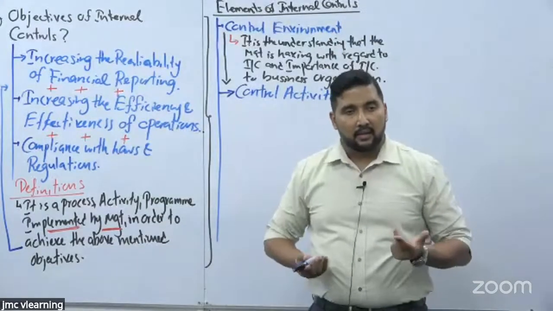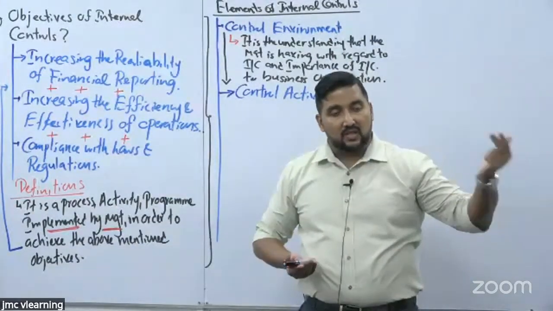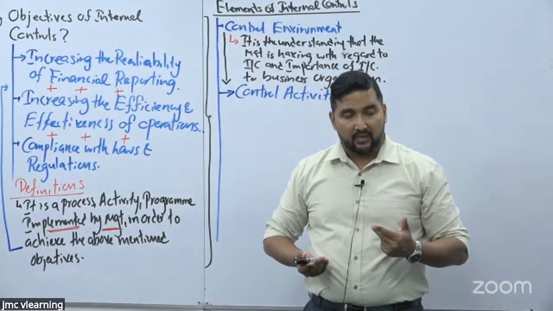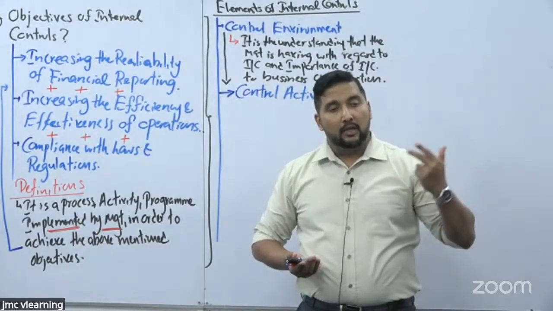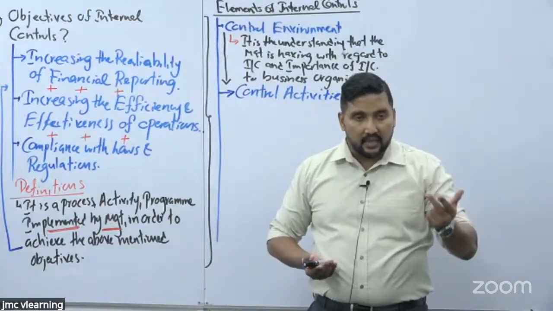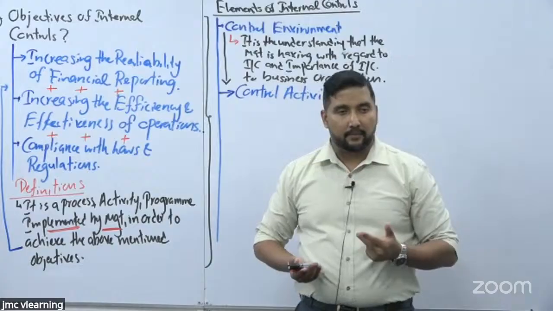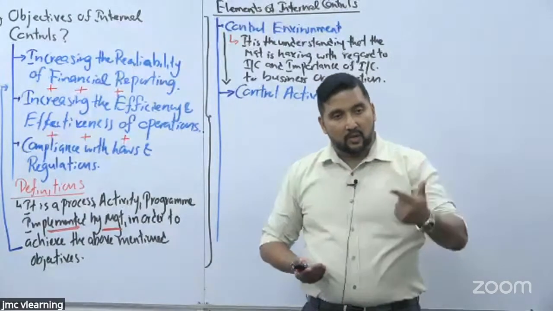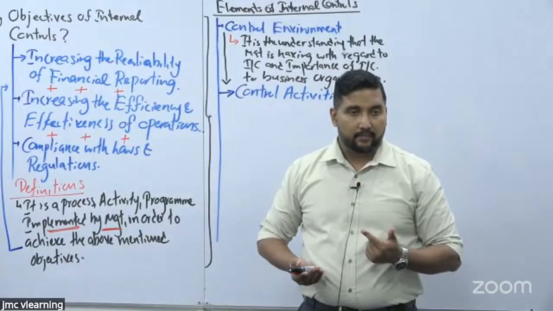Example number 1. Coming to the class on weekly basis without cutting the classes. It's a control activity for you to pass the exam. Doing past papers. It's a control activity for you to pass the exam. Then preparation of short notes. It's a control activity for you to pass the exam.